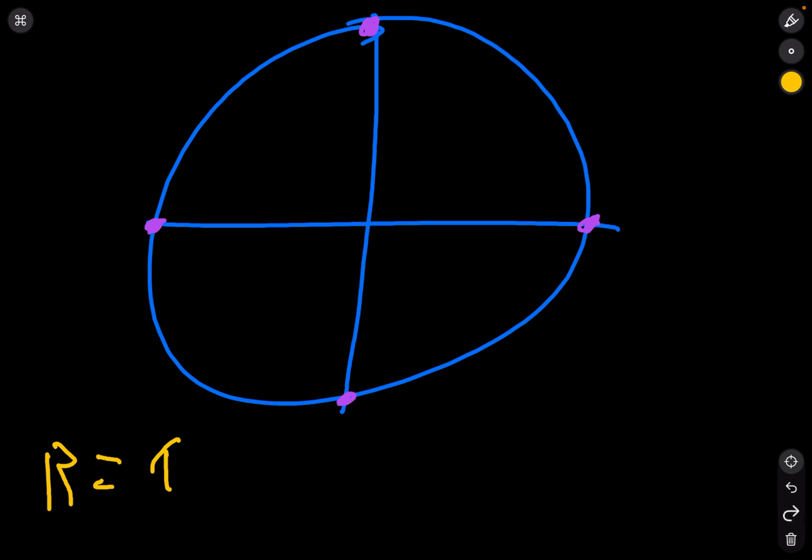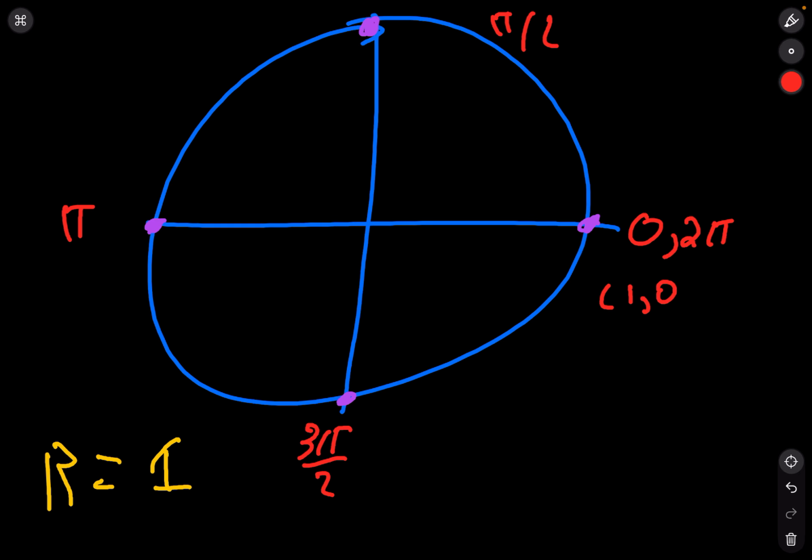But to actually measure out their points, what we do is draw the unit circle again. This time we have to acknowledge the fact that the unit circle is essentially just a circle on an x and y axis with a radius of 1. So from here to the center, it's 1. From here, it's 1. From here, it's 1.